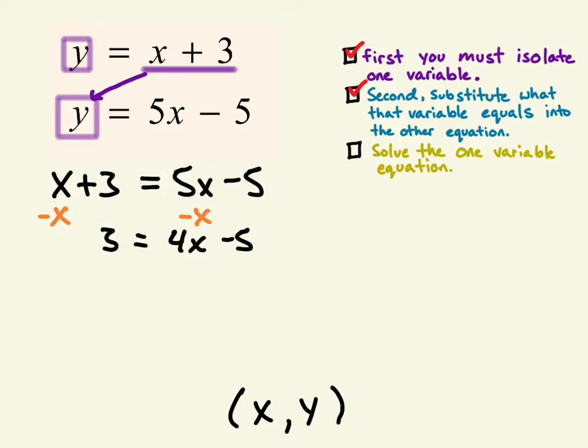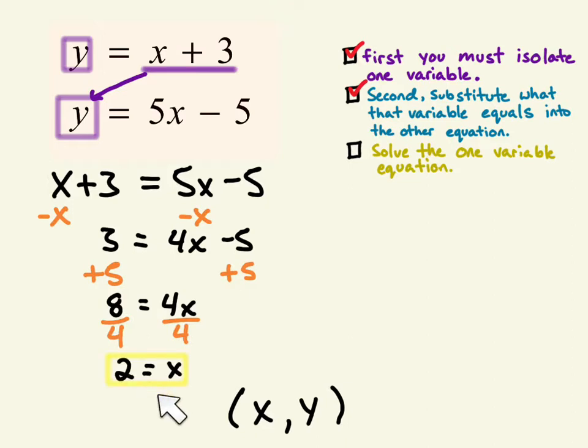Get x to one side by subtracting x from both sides, then get all my constants to the other side. I get 8 equals 4x, or x equals 2. And so I can put that in for my x in my solution.